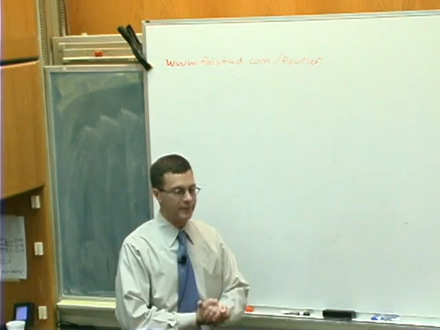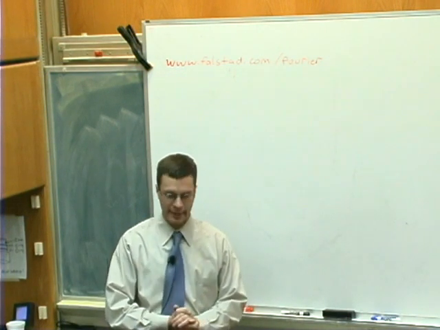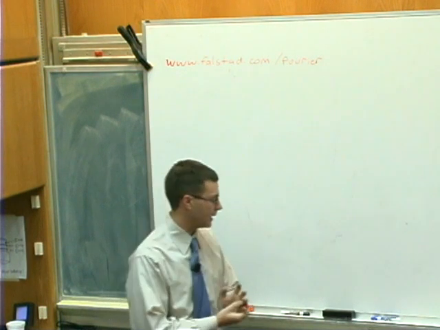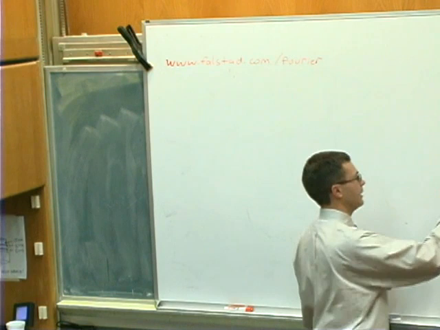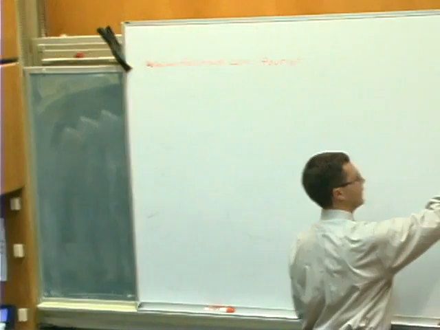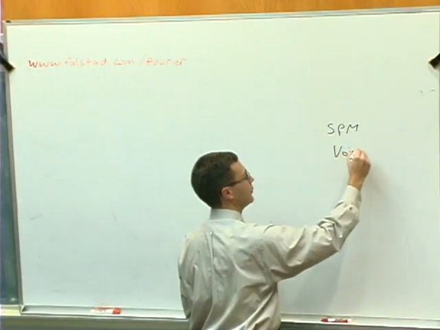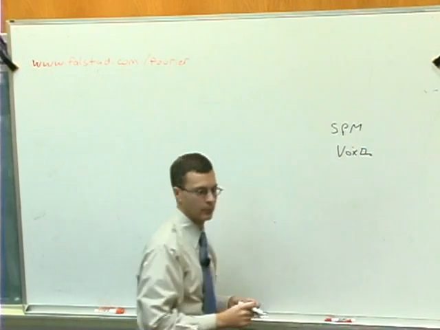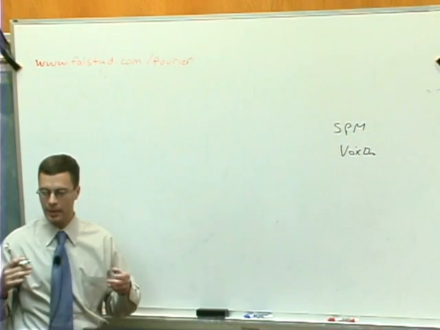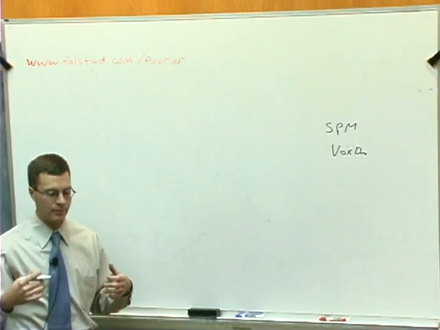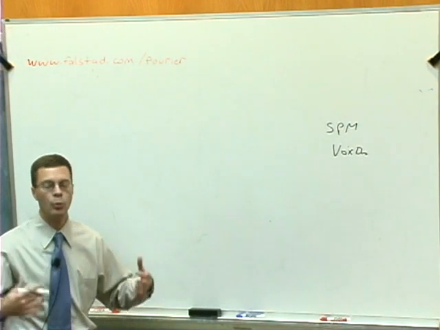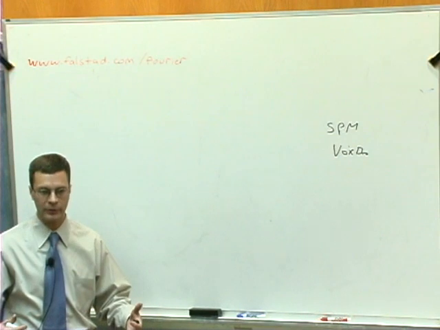there are different ways that you could deal with this 1 over f noise that's present in fMRI data. The primary technique adopted, at least in the SPM code that's out there and in VoxBo, is to try to model what that 1 over f noise looks like, and then use what's called the modified general linear model, which takes into account what the noise might be at different frequencies a priori.